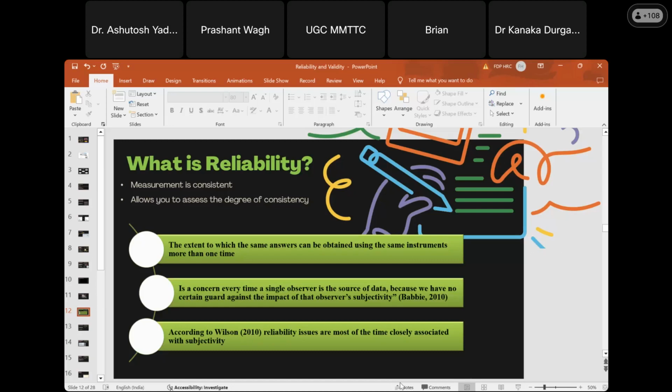Now we must understand that reliability problems crop up in many forms. Reliability is concerned every time a single observer is the source of data, because we have no certain guard against the impact of that observer's subjectivity. So reliability issues are most of the time closely associated with subjectivity, and once a researcher adopts a subjective approach towards the study, then the level of reliability of the work is going to be compromised.